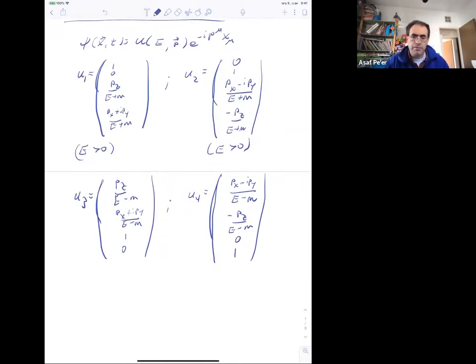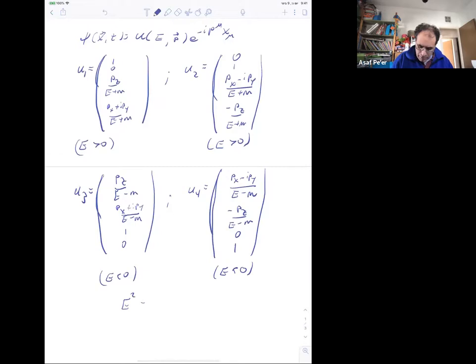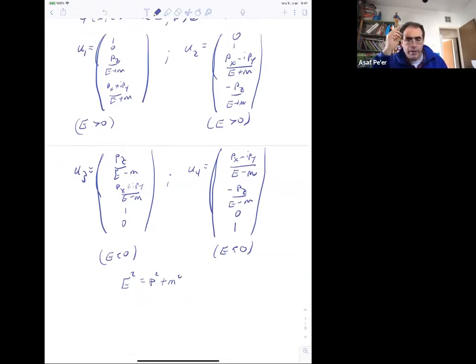You plug this solution in and you retrieve back the Dirac equation. We do find that they all fulfill the Dirac equation. All four of them obey E squared is equal to p squared plus m squared. And of course, in the limit where p goes to 0, we retrieve back the four solutions of the rest particle. Okay, this is as far as we did on Tuesday.